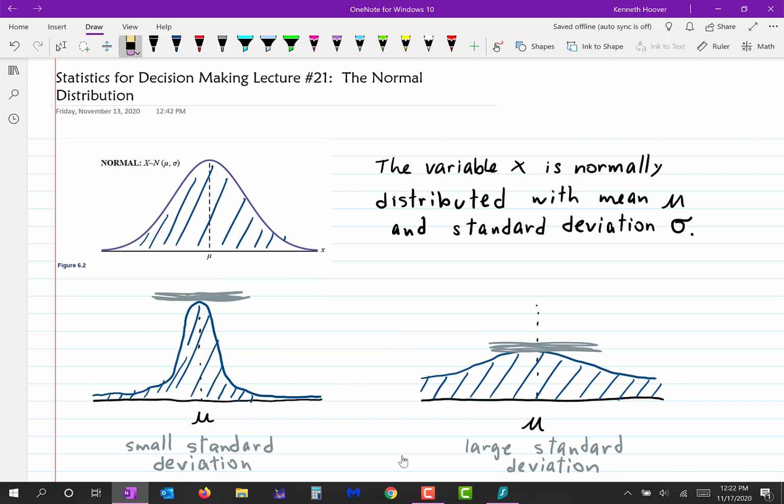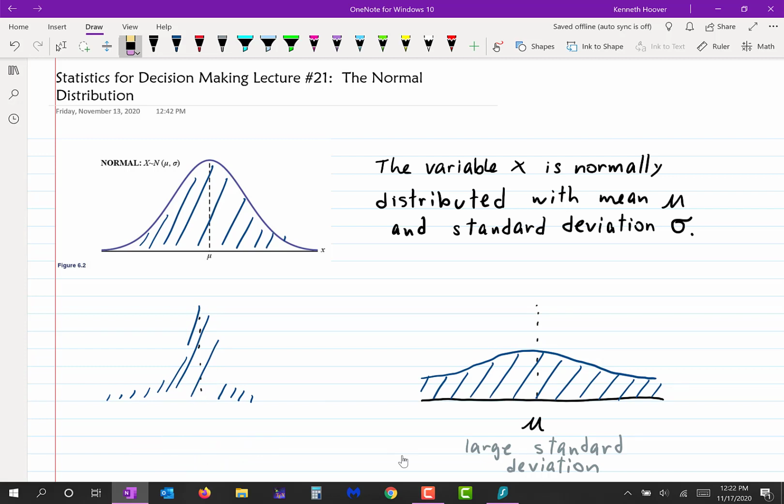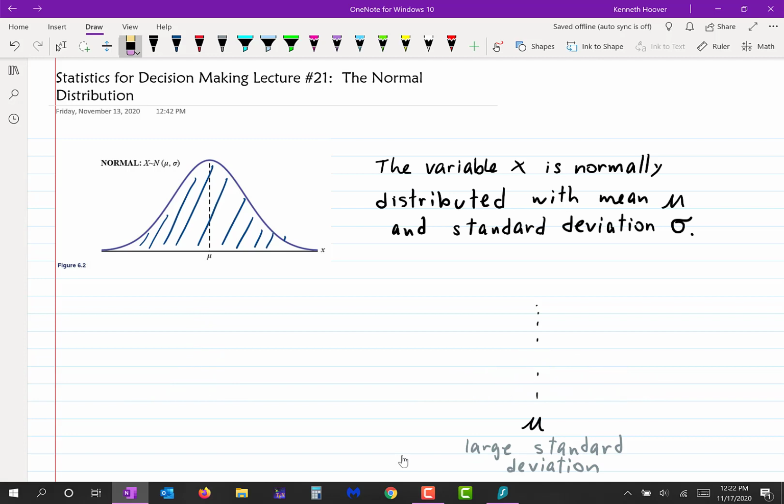So let's move on from here. Still talking about standard deviation. What have we said just a minute ago? We said the standard deviation determines how spread out the bell curve is, right? In fact, there are some exact numbers that are good to know.